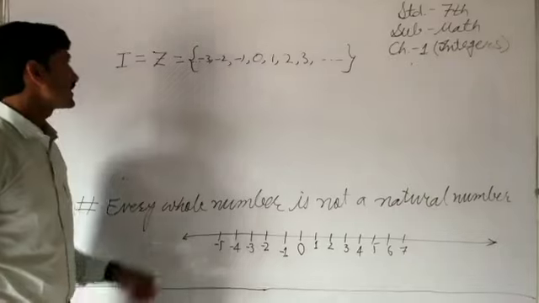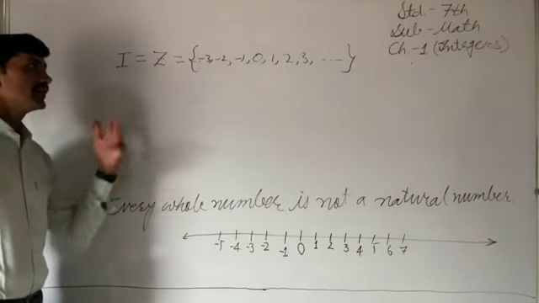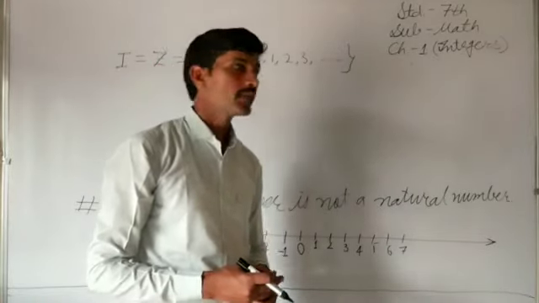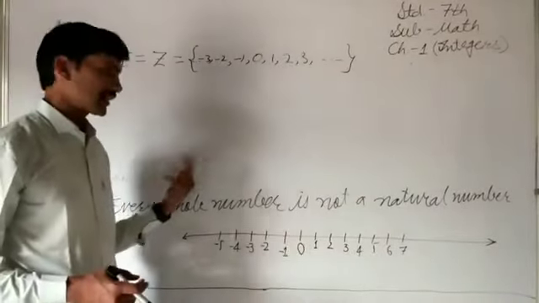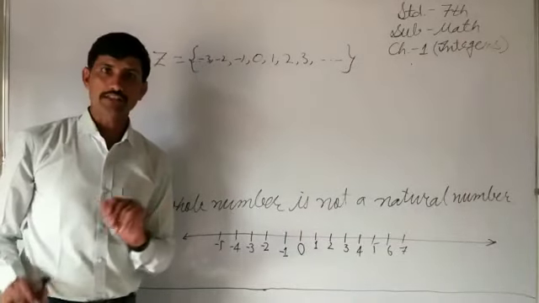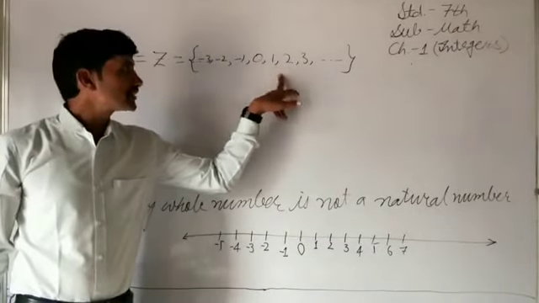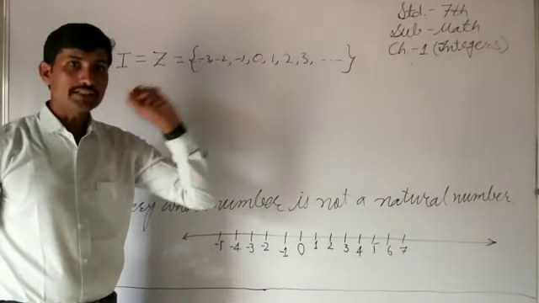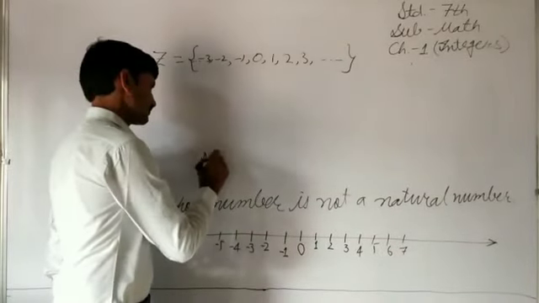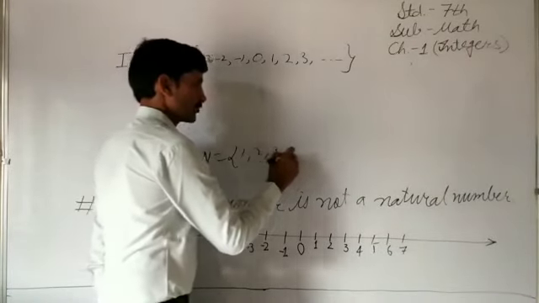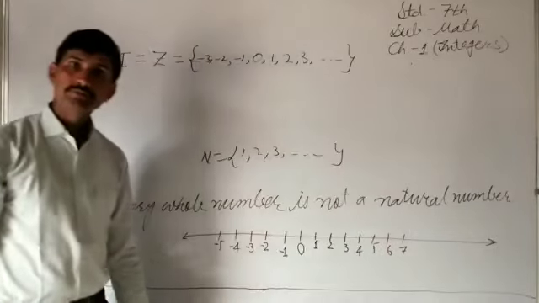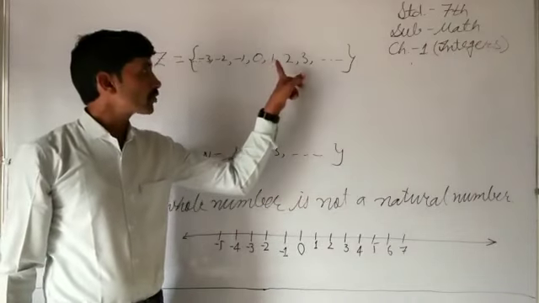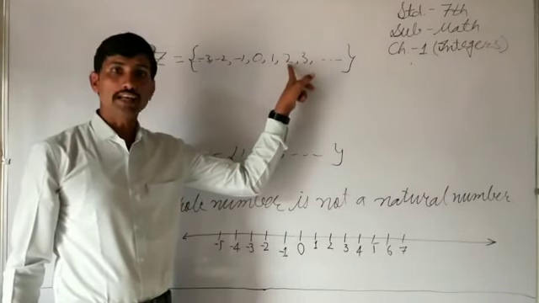So from here, 2 more pieces of information are there. What are they? If I ask you, is 1, which is a natural number, also an integer? Yeah, 1 is coming in the collection of natural numbers, so no doubt 1 is a natural number. But 1 is also present here, so 1 is an integer also. 2 is coming in the collection of natural numbers, so 2 is a natural number, no doubt, but 2 is also here, so 2 is an integer.